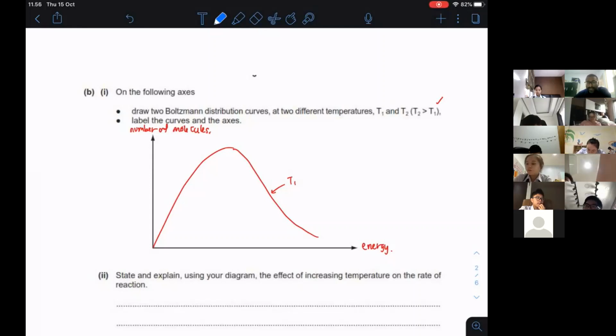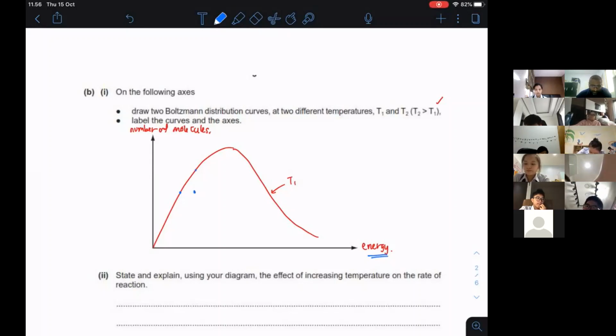Okay, why? Because when you have higher temperature, they start to get more energy. Of course, more energy is towards the right hand side. So if you have this particular point, it means there will be more particles having more energy now.